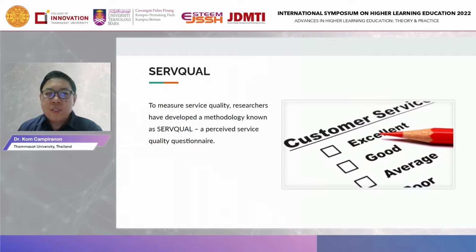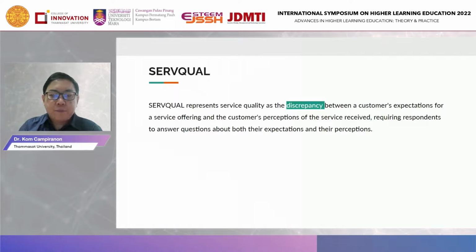Again, as I mentioned, it's a quantitative survey trying to understand the customer perception and the customer expectation. What we try to see here is what is called the discrepancy between the customer expectation and the reality, right? So we try to find a gap between what customers expect and what customers actually see in reality.